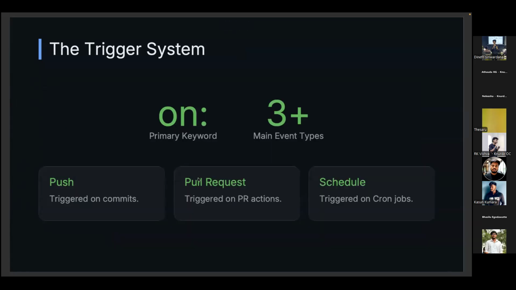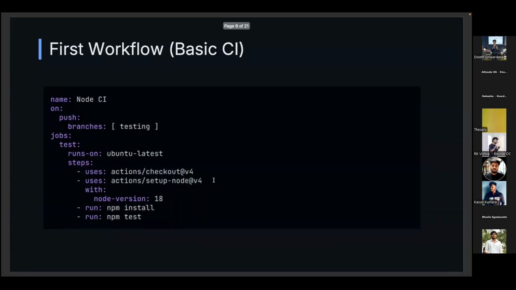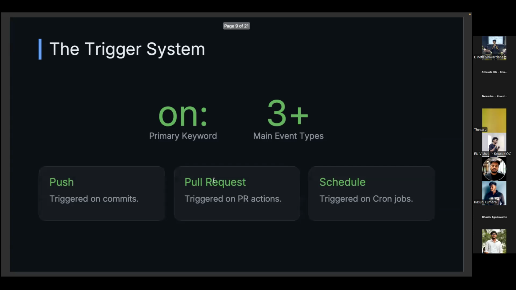So it will trigger when we push something to a given branch, or the PR one, the pull request one. So think we are going to create a pull request to the release branch. When we write that action with the pull request trigger, it will trigger when we are creating the pull request.